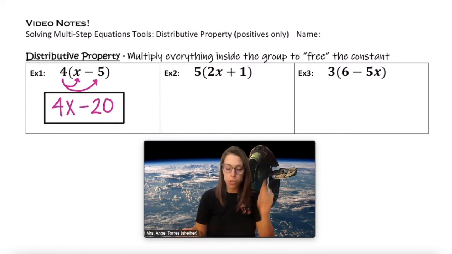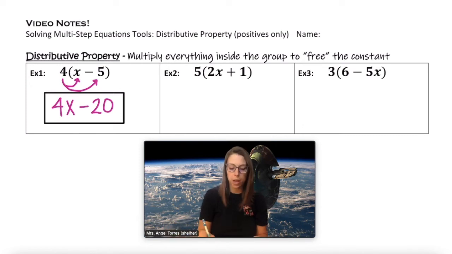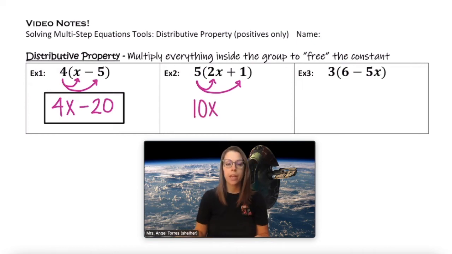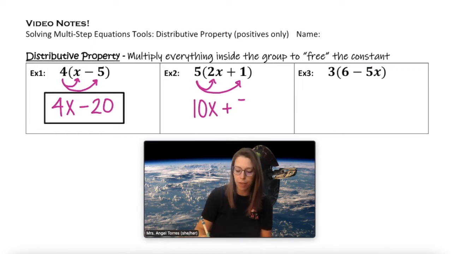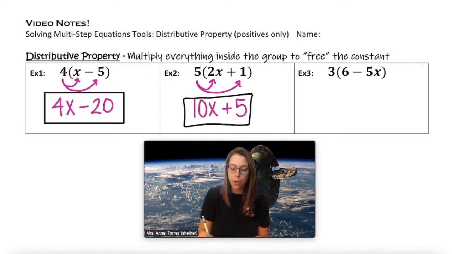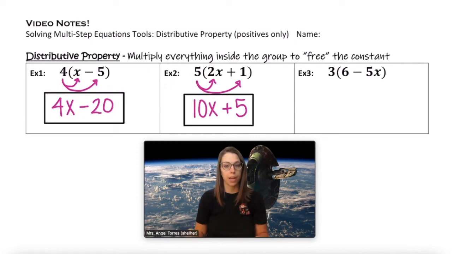In expression number 2, we have something very similar, 5 times the group of 2x plus 1. Again, my constant is trapped inside of the group, so we're going to use distributive property to break it out. 5 times 2x, well 5 times 2 is 10, so 5 times 2x would be 10x. And 5 times a positive 1 would be a positive 5. So now that I have 2 terms and my constant is broken free out of the group, I know that this expression is fully simplified.